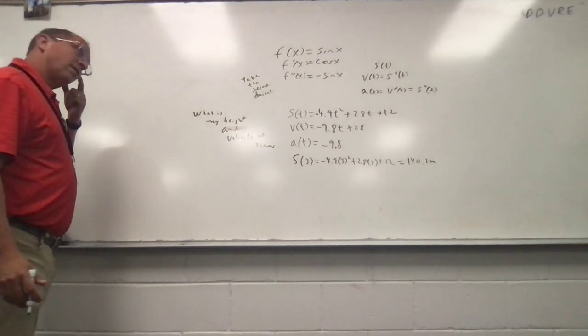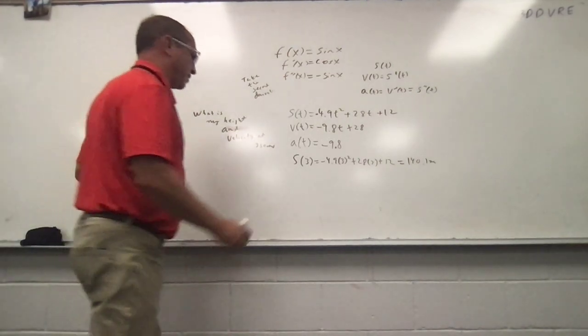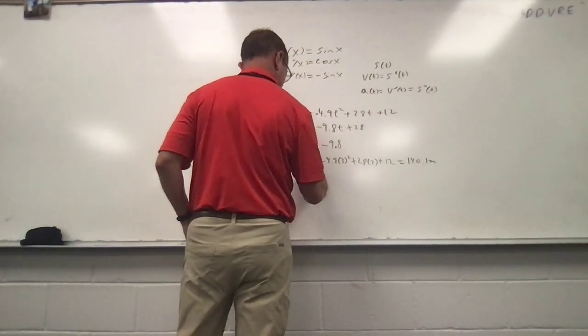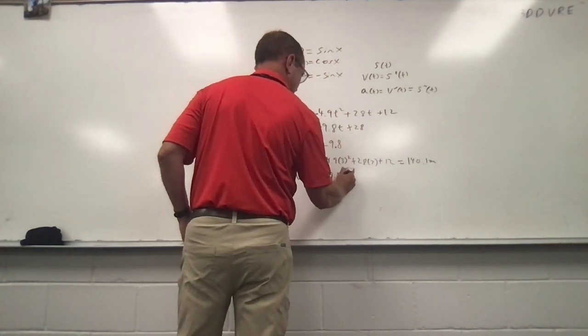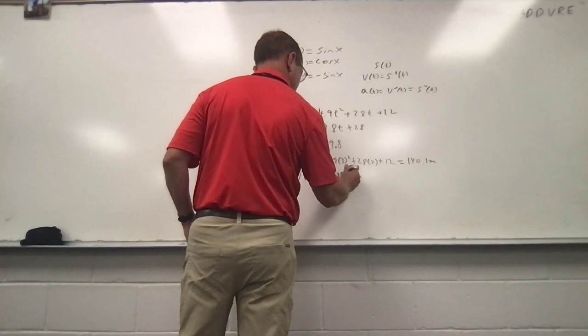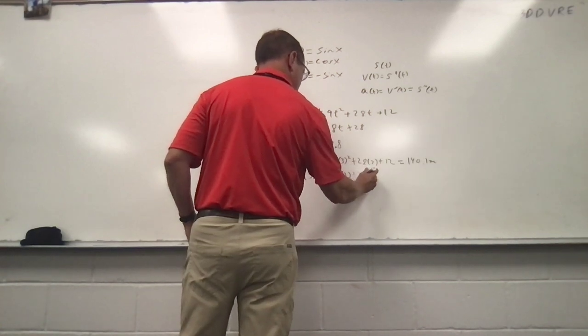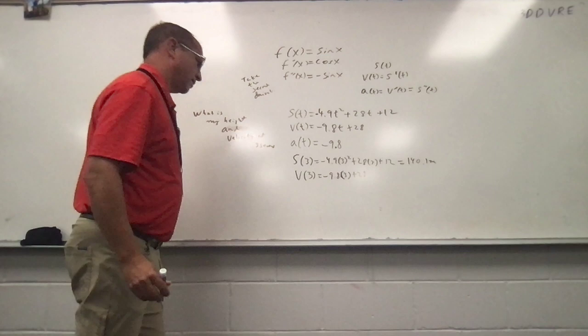All right, what is the velocity at that period of time? Well, V of 3 would be negative 9.8 times 3 plus 28. Negative 1.4. Okay.